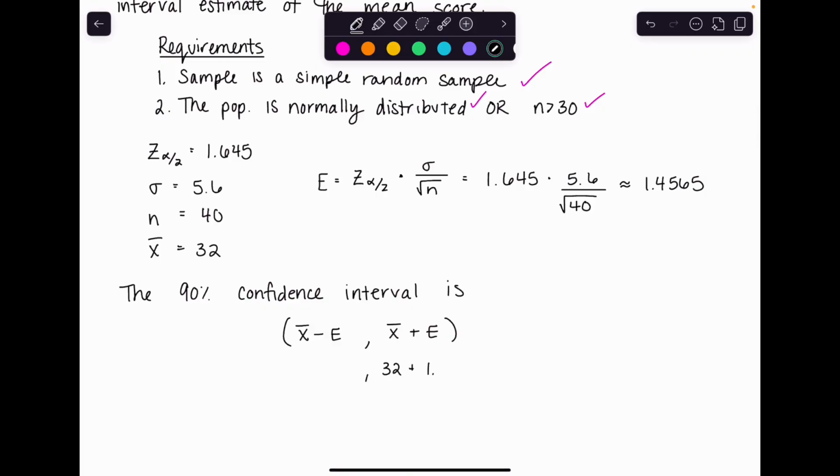We're going to add the 1.4565, and then we're also going to subtract the same thing. So that gives us a lower bound of 30.5435 and an upper bound of 33.4565.